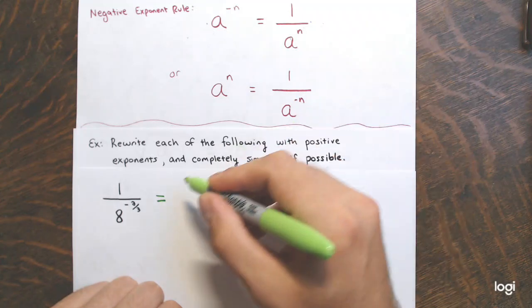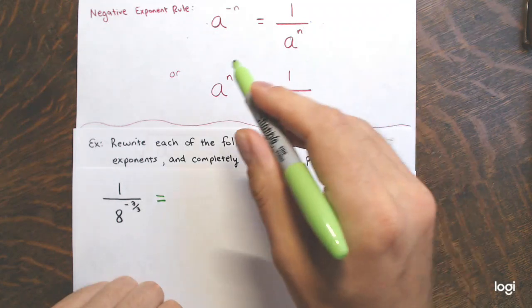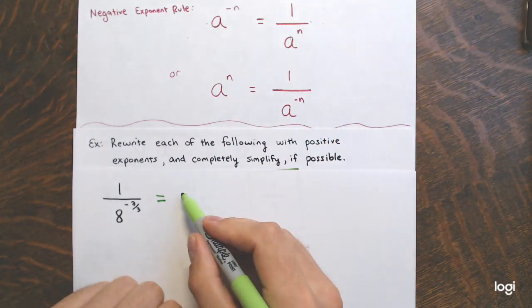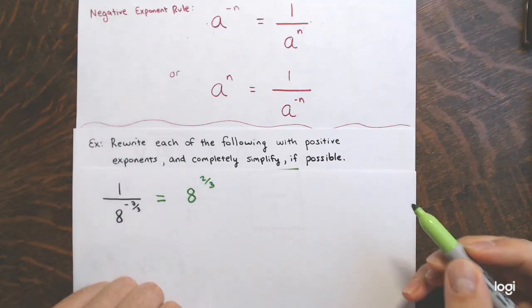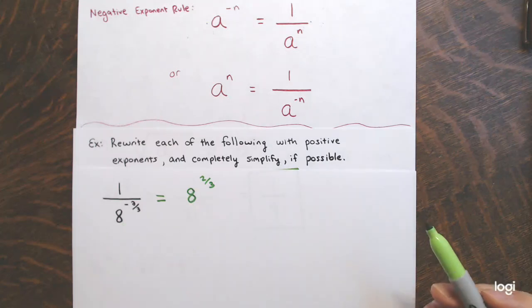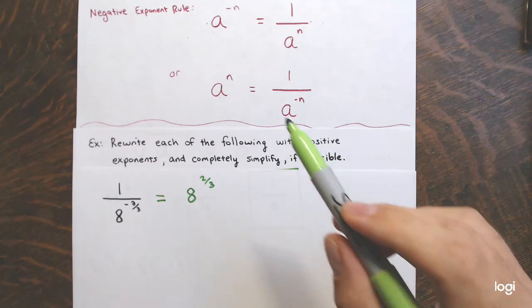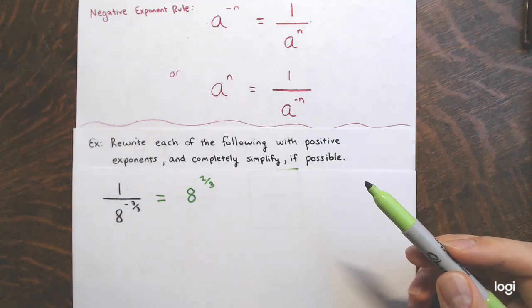So a is the 8, and the n is the 2/3. This will be just equal to the reciprocal of the positive one. It's just equal to 8 to the positive 2/3. And these should be equivalent. Check out the rule. Just replace n with 2/3, a with 8.